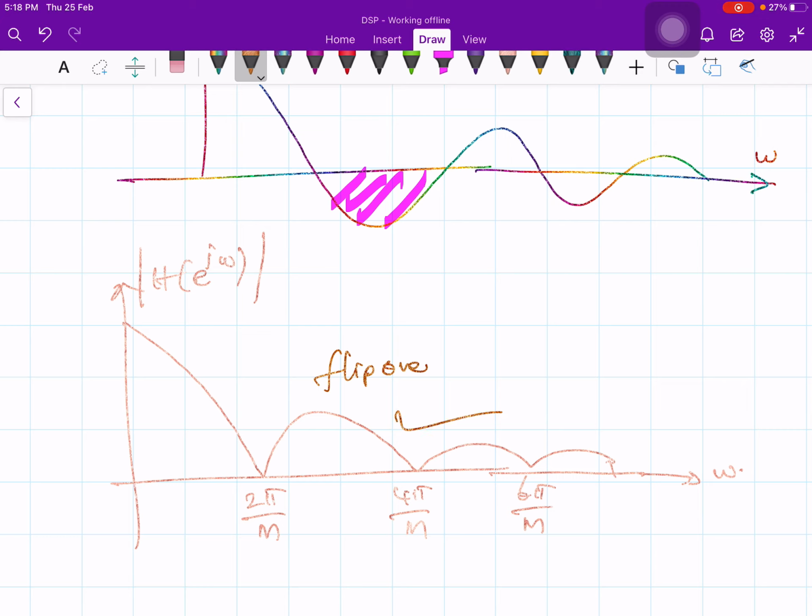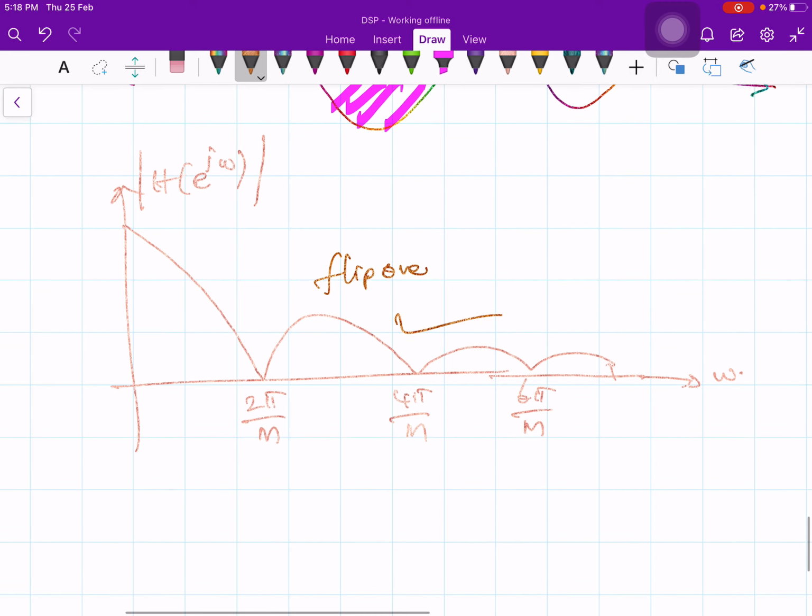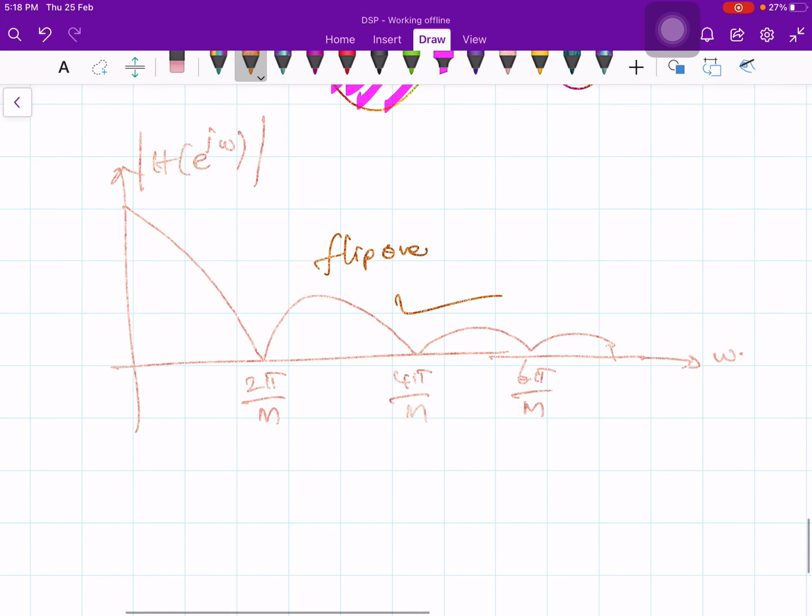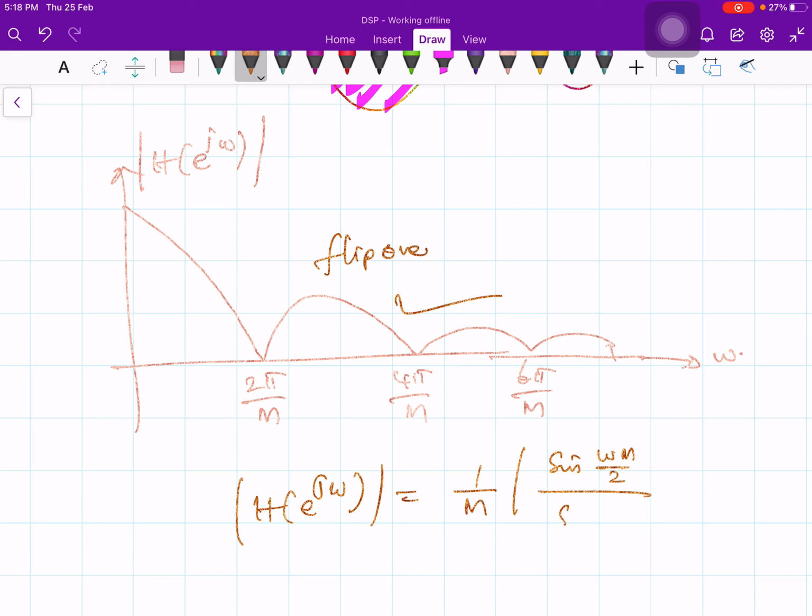And therefore, the magnitude and phase of the frequency response can be written as H of e to the j omega. Magnitude is going to be 1 divided by M, sin of omega capital M by 2 over sin of omega by 2. So this is the magnitude.